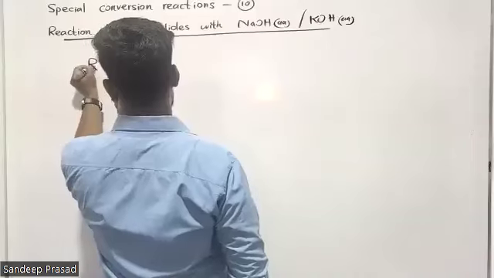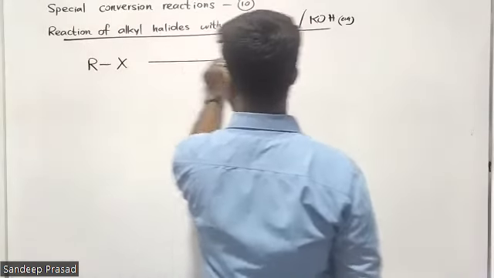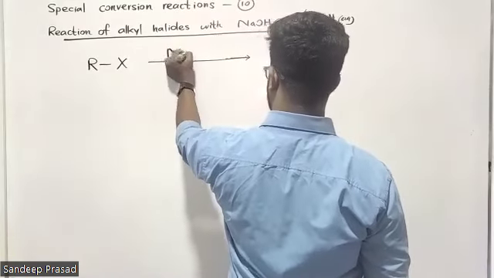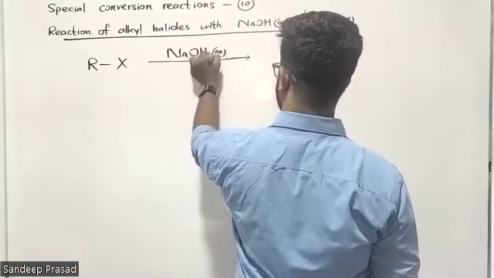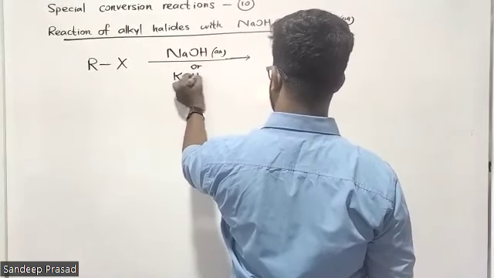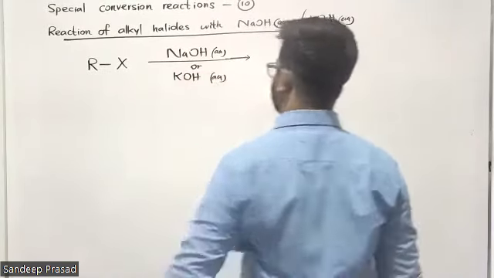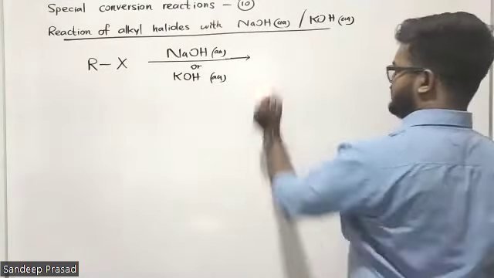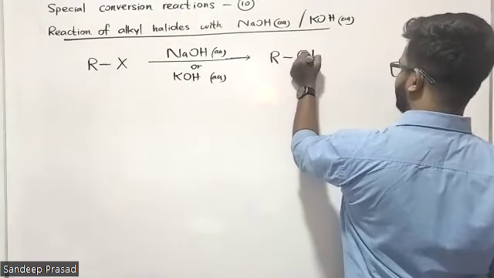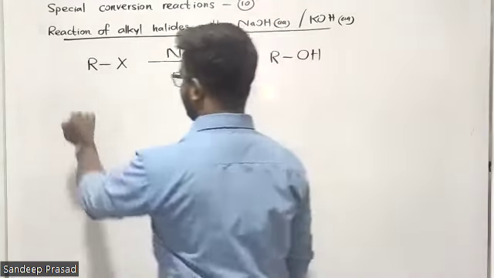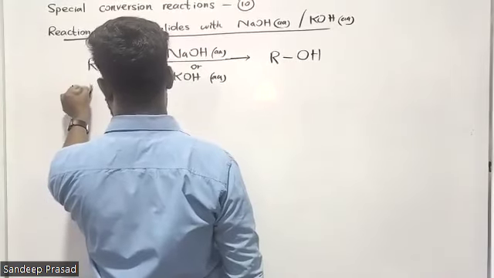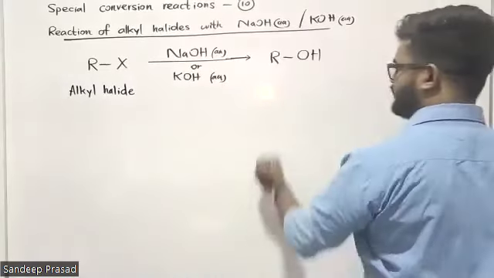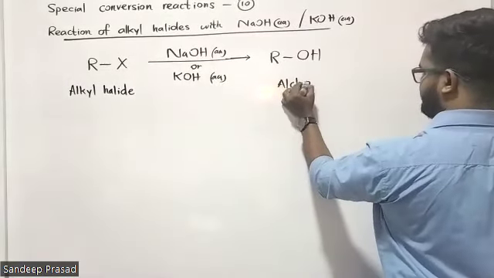Friends, we have alkyl halide RX, and we are going to add aqueous sodium hydroxide or else aqueous potassium hydroxide. So what are you expecting here? What do you think? This is converted into ROH. That means alkyl halide is converted into alcohol, right?